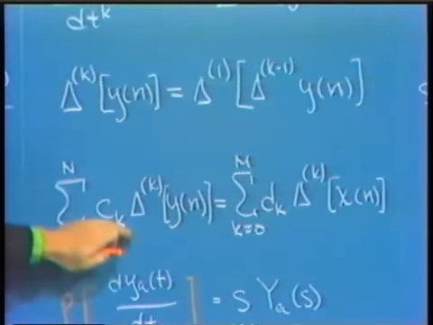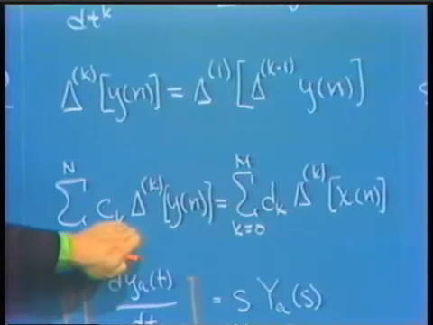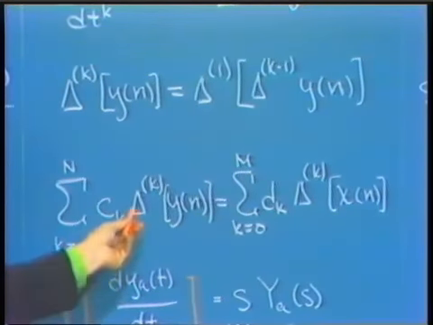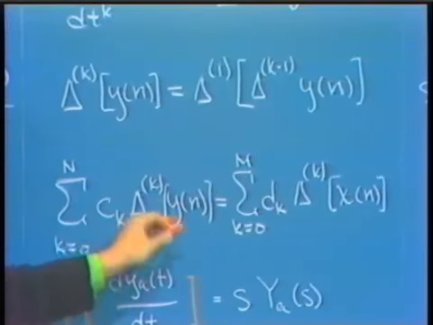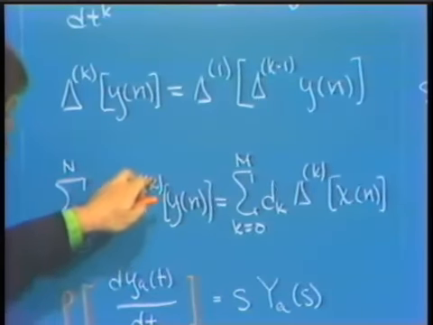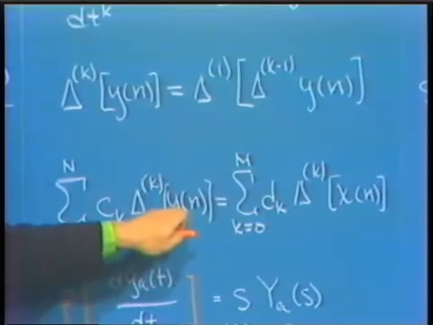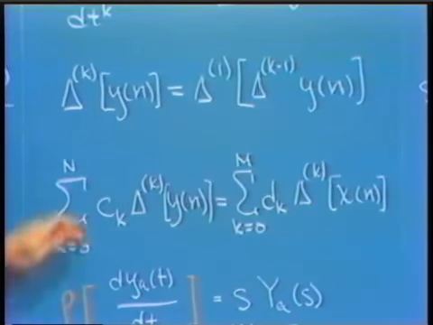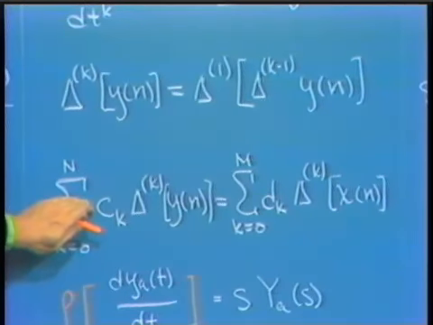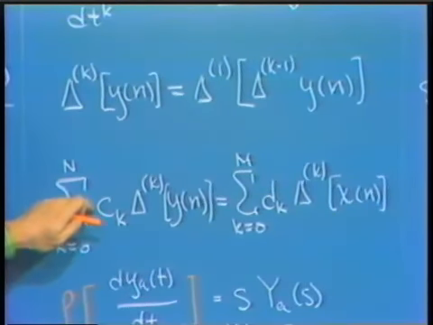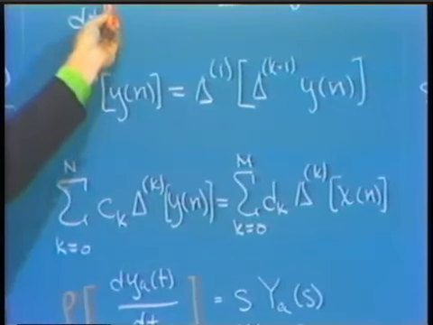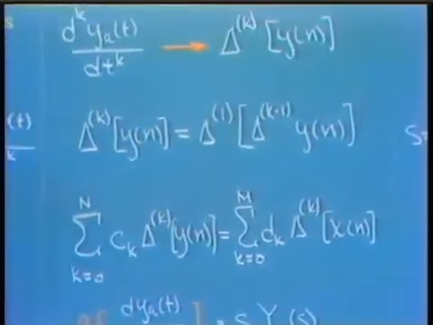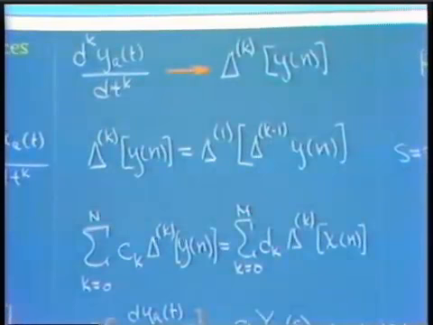And this then is a difference equation because each of these forward differences, or the kth forward difference, involves differences of y of n, that is y of n plus 1 minus y of n. So this is a difference equation derived from the differential equation by replacing the kth derivative by the kth forward difference. Well, let's see what this means in terms of the mapping from the s-plane to the z-plane.